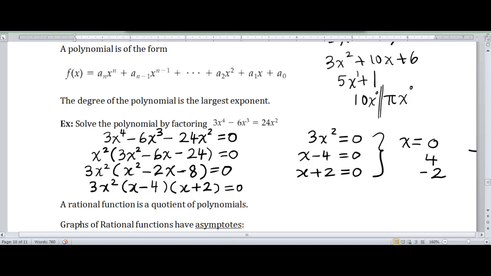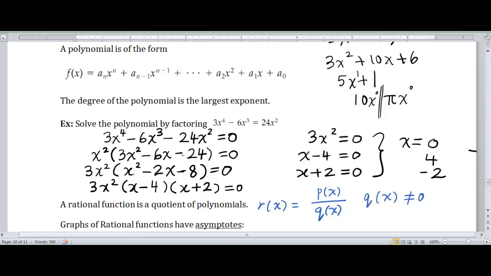Now let's look at rational functions. A rational function is a quotient of polynomials. So a rational function, let's call it r of x, is a quotient of two polynomials, p of x and q of x. Both p and q are polynomials, and the denominator q of x cannot equal 0.